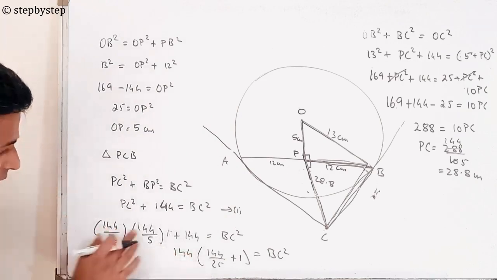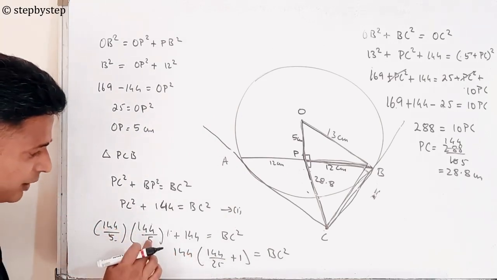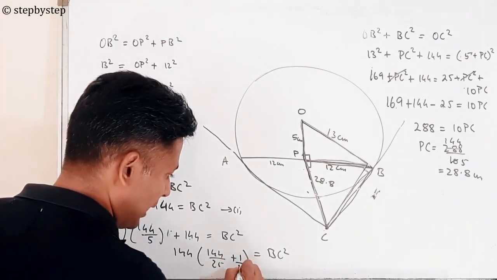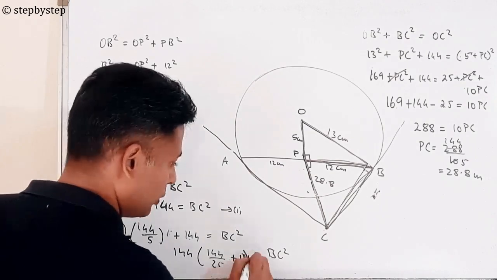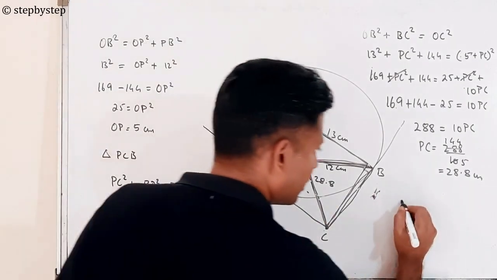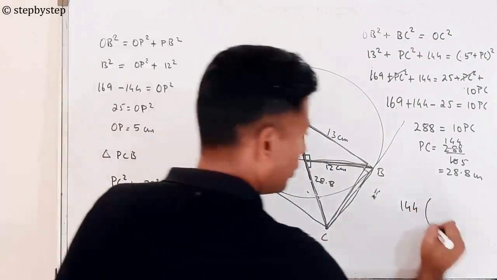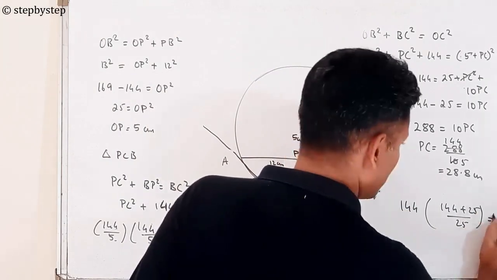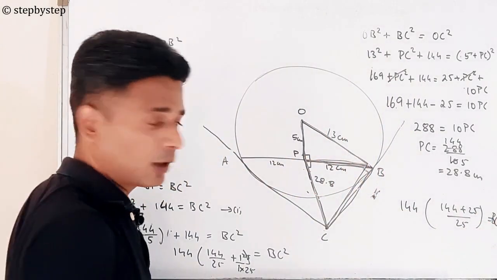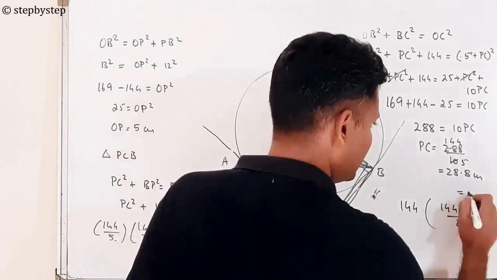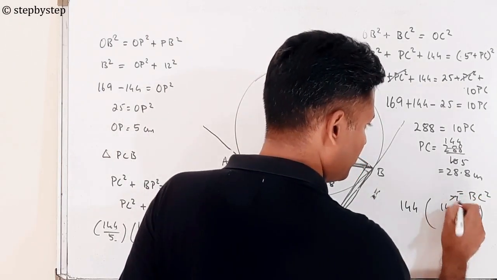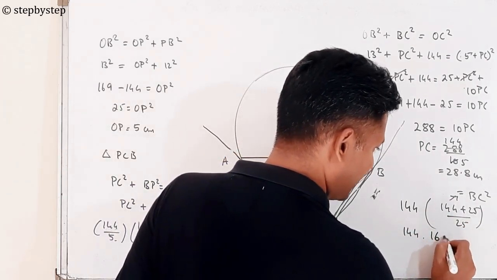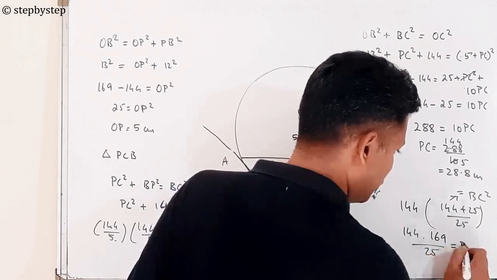How I took 144 outside, what remains? 144 by 5 into 5, that is 144 by 25. Now if I take the LCM, 1 into 25, I'll get 144 into 144 plus 25 by 25 equals BC square. So 144 into 144 plus 25, which is 169, by 25 equals BC square.